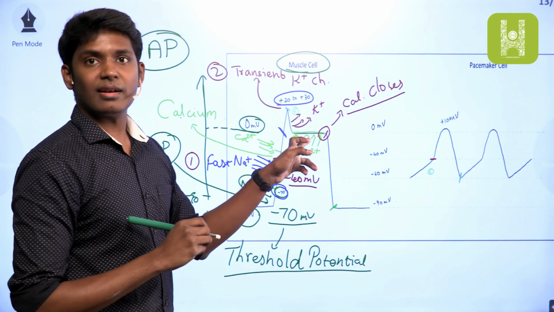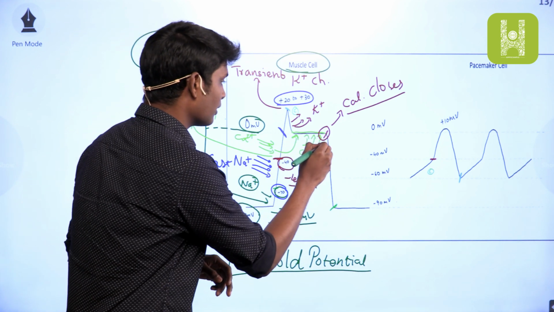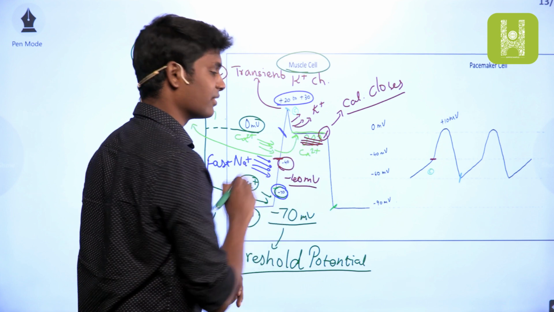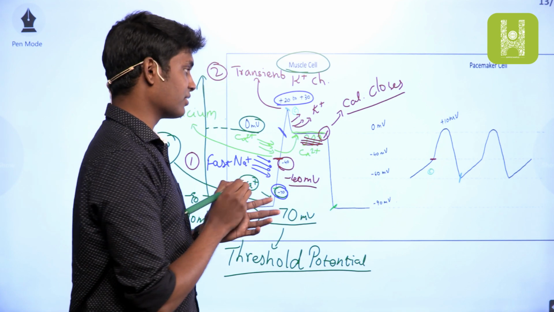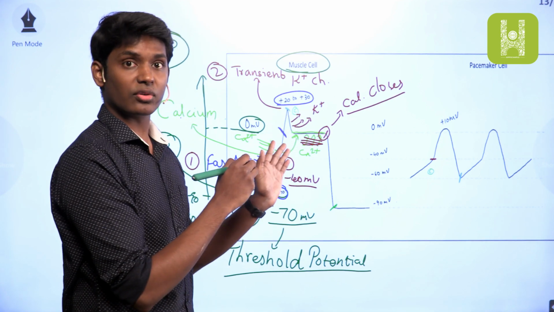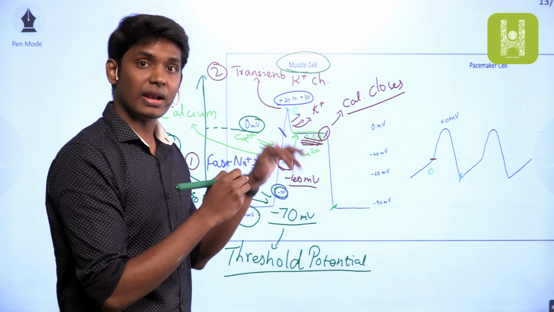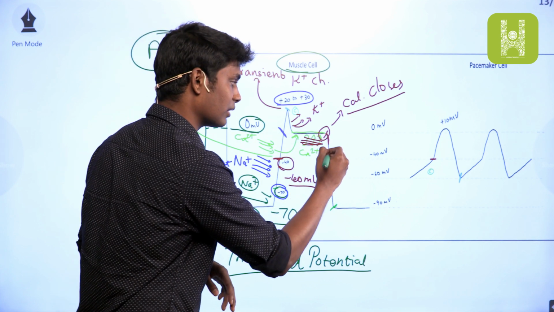When the calcium channel closes, there will be loss of inflow of calcium. When there is loss of inflow of calcium, the potassium keeps on going out, so that the cell's potential becomes negative again, and it falls slowly.